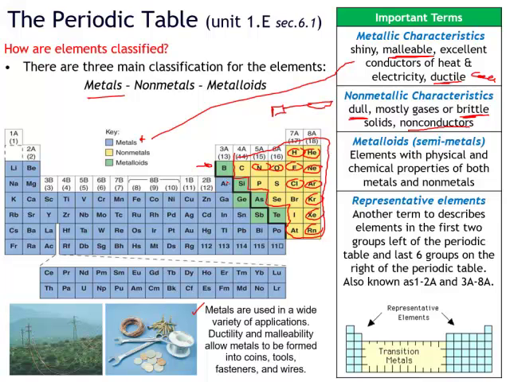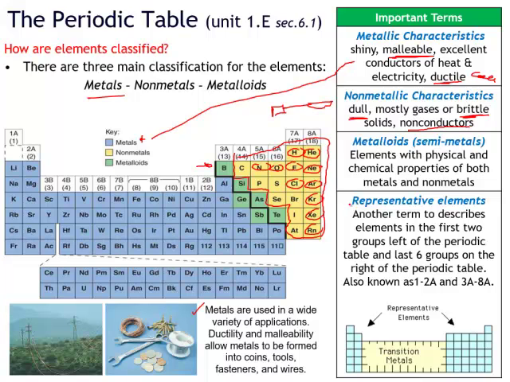This is a family of elements that have mixtures of both properties. Like metals, they can conduct electricity, but they also have properties of nonmetals, in which they might be brittle.